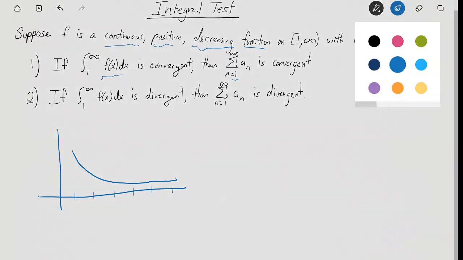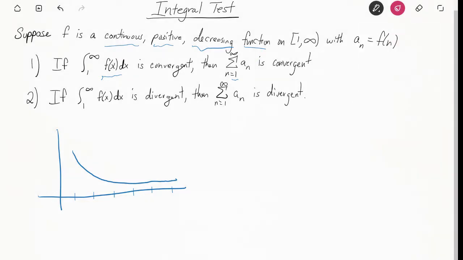In the big scheme of things, we can use a right endpoint approximation, so we get something like this. And I can pretend the curve goes up wherever we need it to.